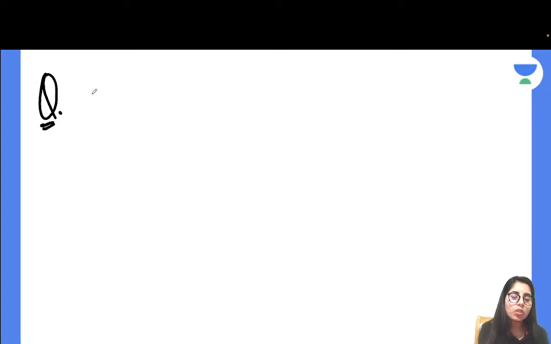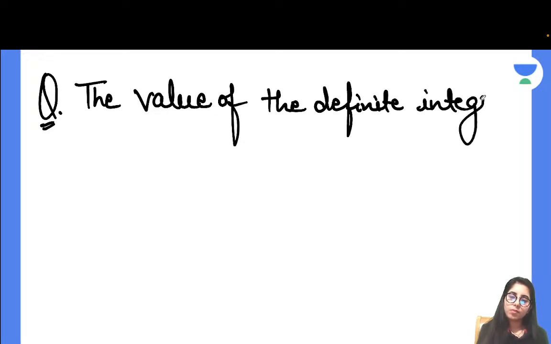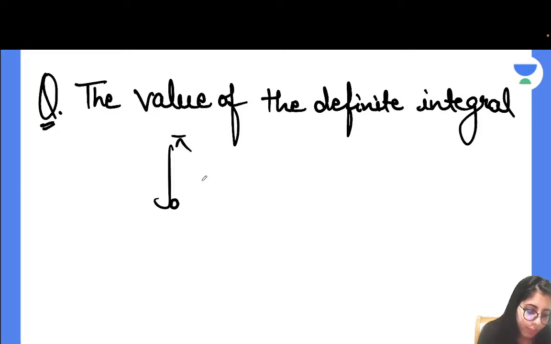That is the value of the definite integral, which is integration 0 to pi d theta over 5 plus 4 cos theta.